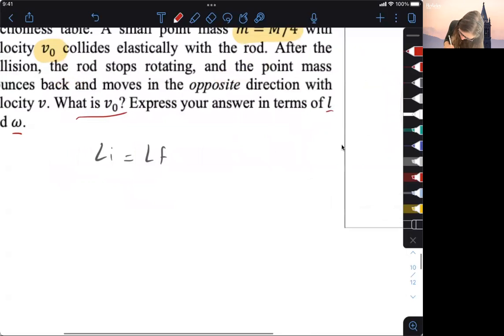So Li for our system, we have IW for the rod, plus some mass times velocity. So plus some m times r, this r distance basically.